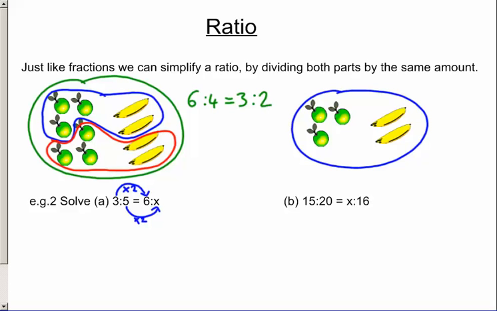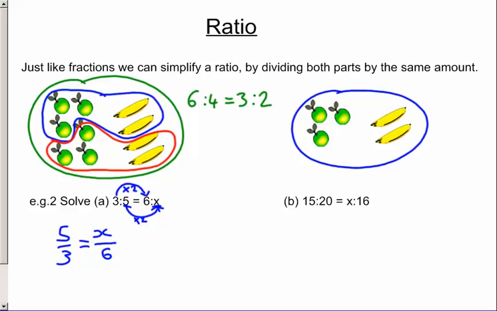The other way is going to be useful for more complicated ones, and that's by comparing things between ratios or within ratios. So if we do 5 over 3, it is the same as, as long as we do it in the same order, the other ratio. So we did the 5 first, so we have to do the x as the numerator, x over 6.